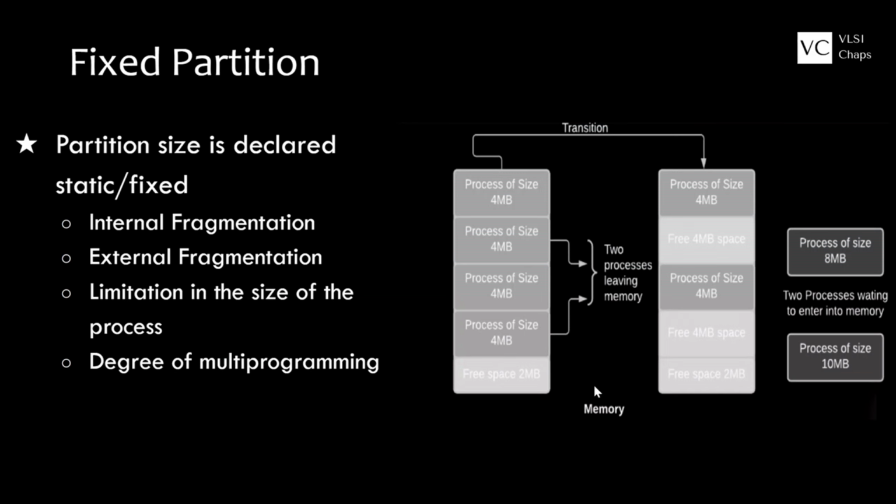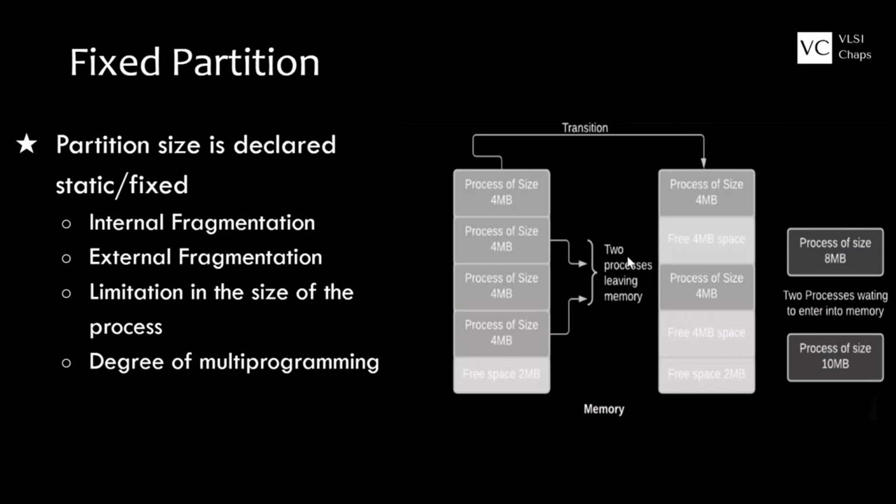If we have a process waiting outside, like 8 MB or 10 MB, then both processes would be able to load. But the case here is that this 4 MB block which is freed right now and this other 4 MB block are not contiguous.